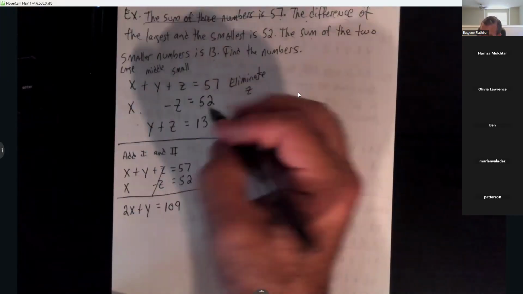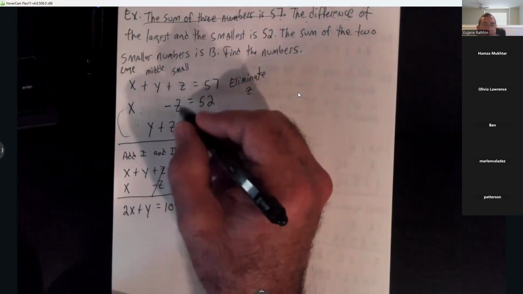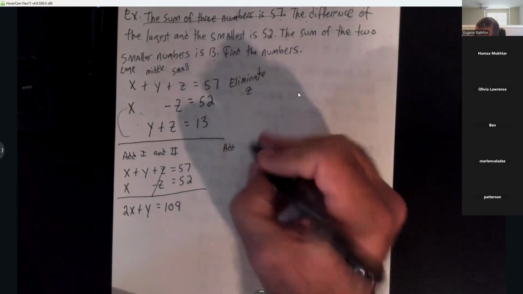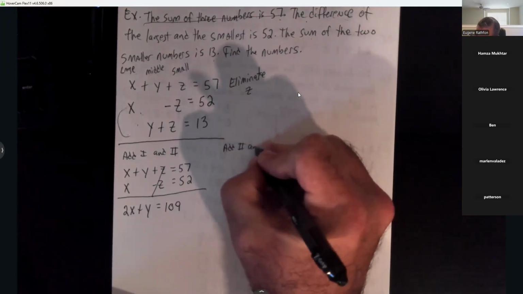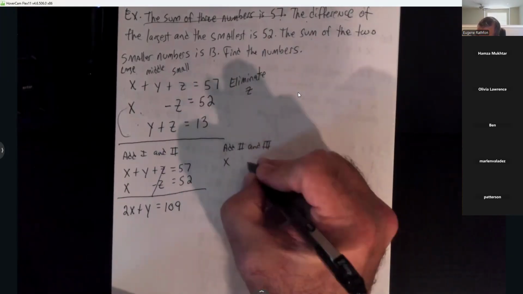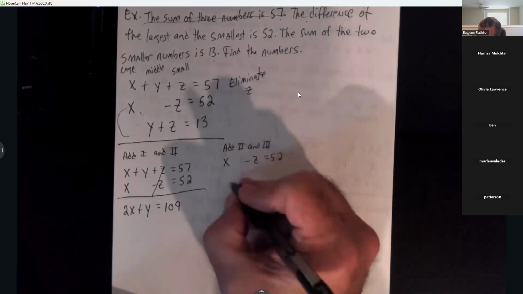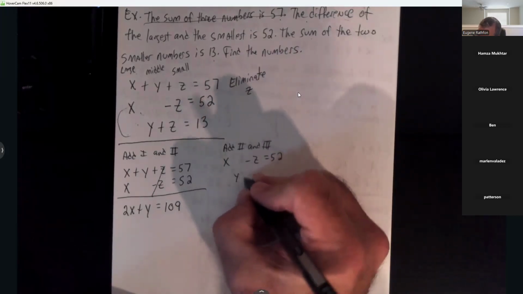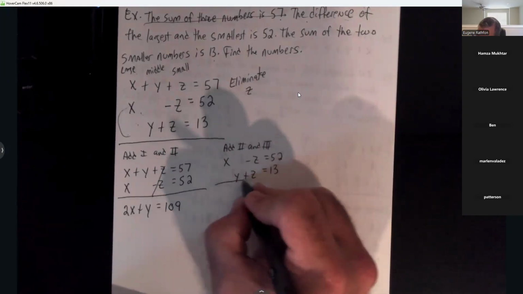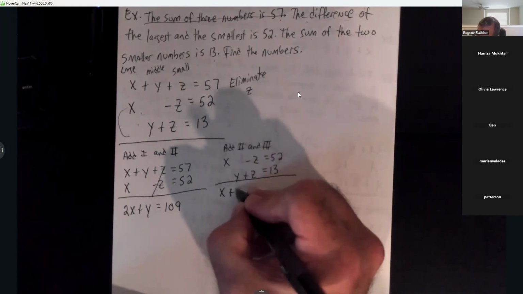All right, so we're eliminating z. We used the first two. Now we're going to use the bottom two. And I don't have to change anything because there's a negative and a positive again. So I'm going to add 2 and 3. So I got an x minus a z equals 52. This one has a y plus a z equals 13. All right, so I got an x plus a y.